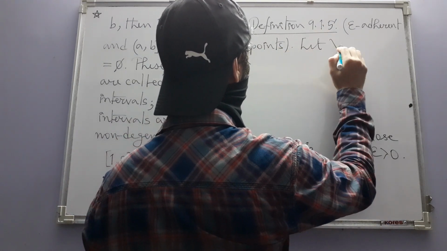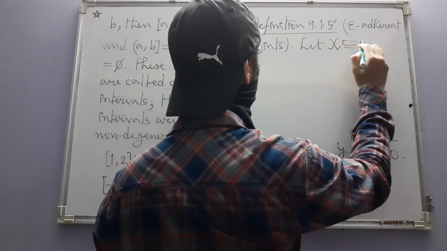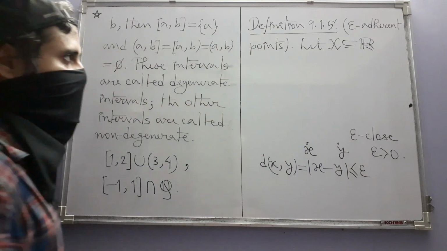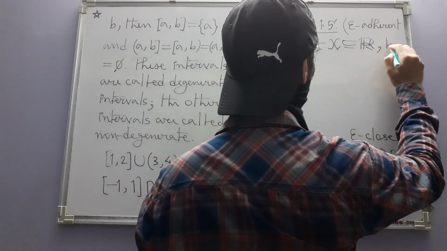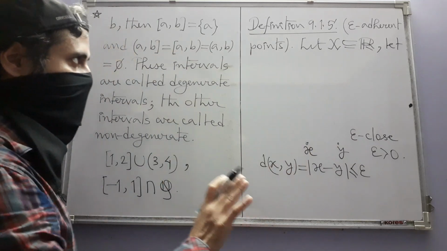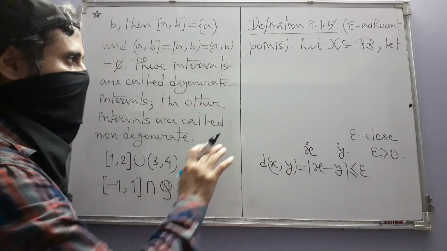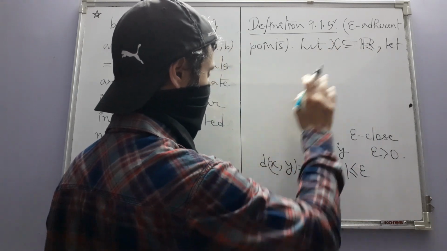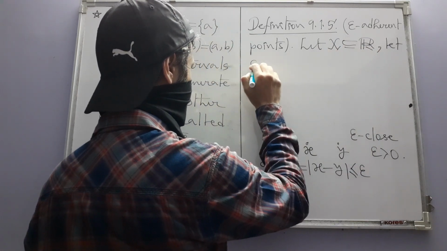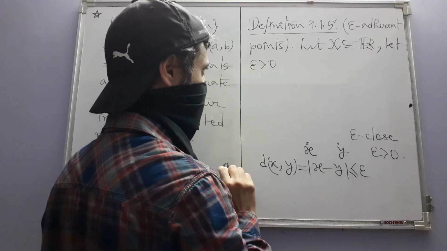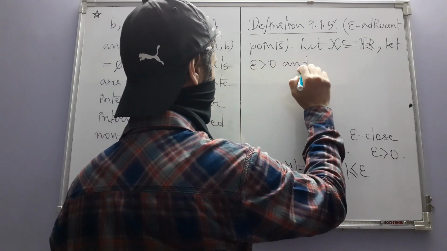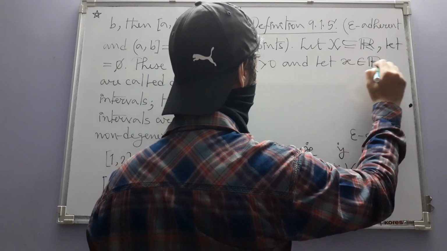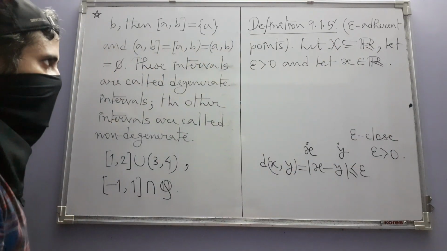Let X be a subset of the set of real numbers. Now, this X need not be an interval. Okay, we are not talking about intervals anymore. Intervals will come again. But now let us consider any subset X of R. Let epsilon be a positive real number and let x be a real number.